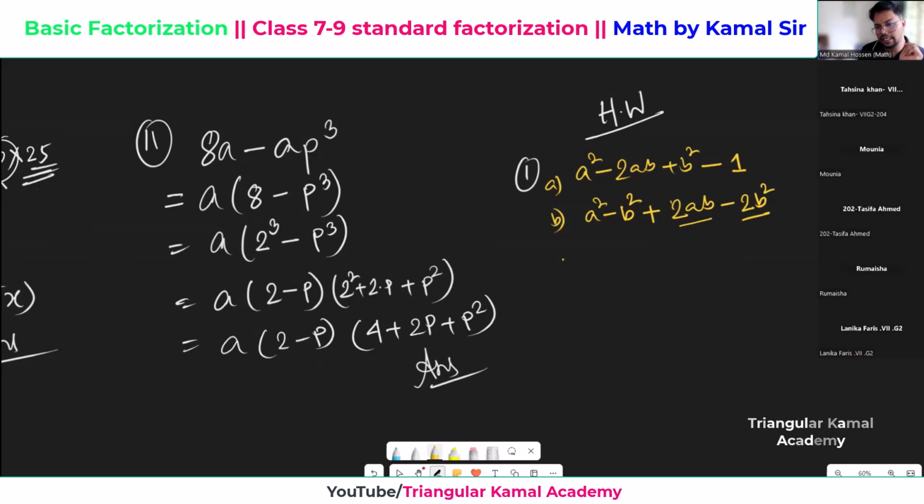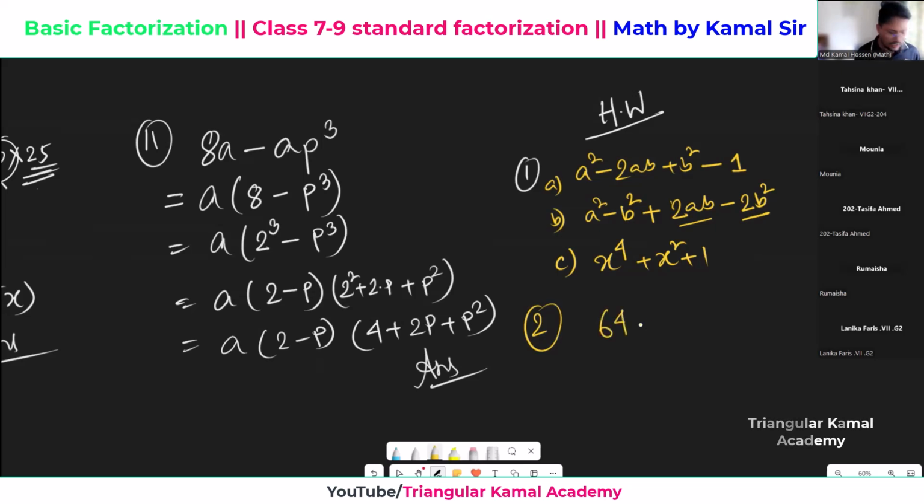So this is second, and number c, x to the power 4 plus x square plus 1. Here in terms you can apply the formula of a square minus b square. So now number two, application of a cube minus b cube or a cube plus b cube.